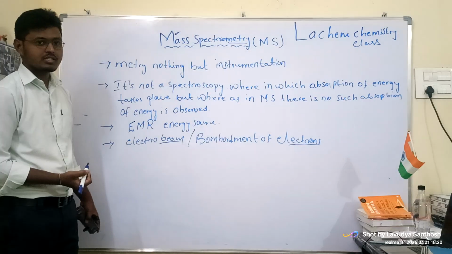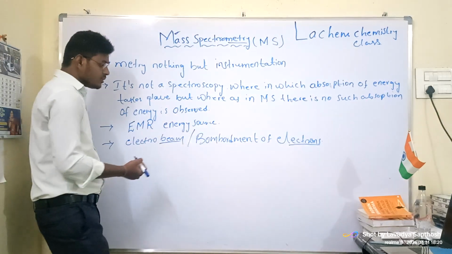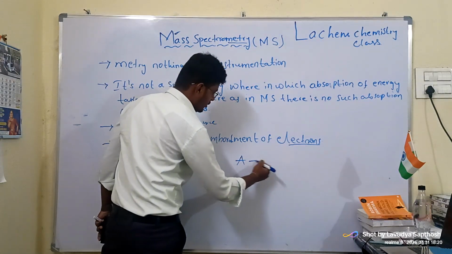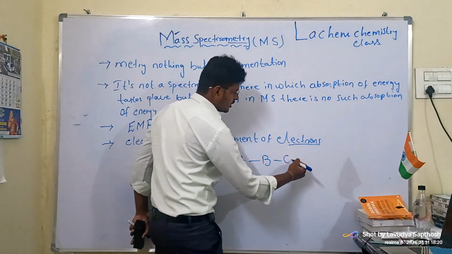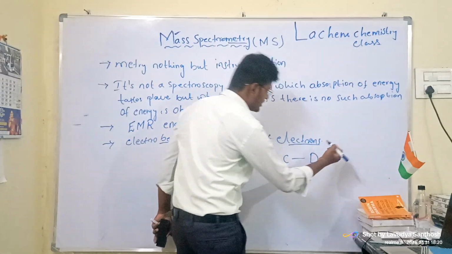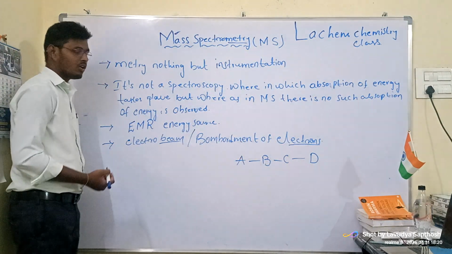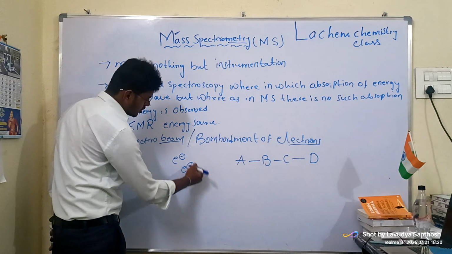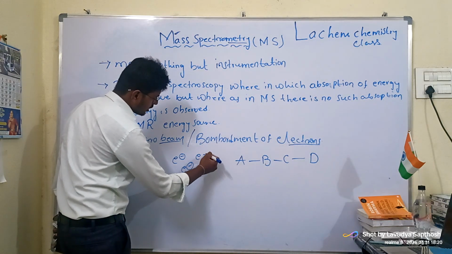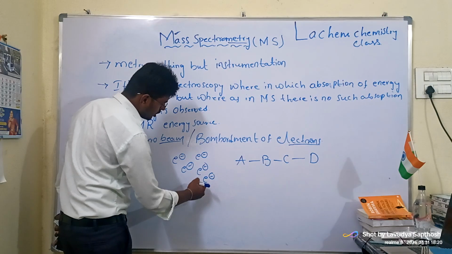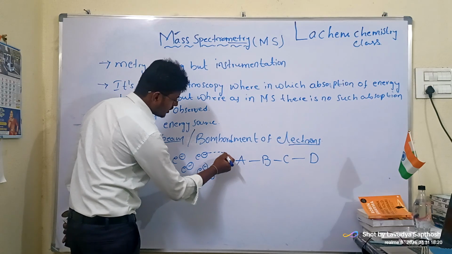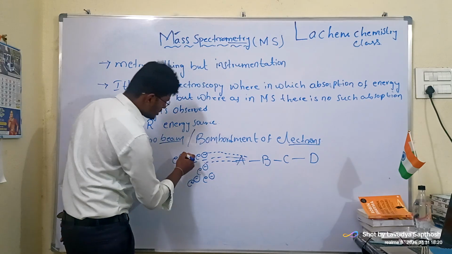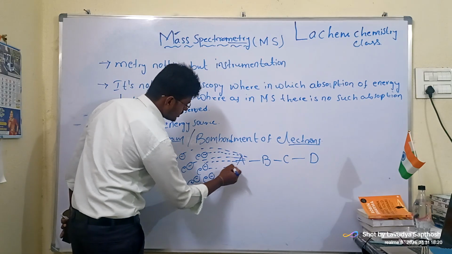Now for example, if a molecule is ABCD, this is a molecule. On this molecule, the electron energy that you are applying, these are all electrons, so they are now reaching the molecule.